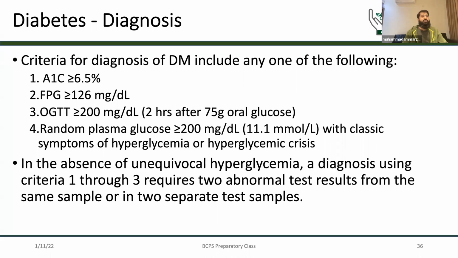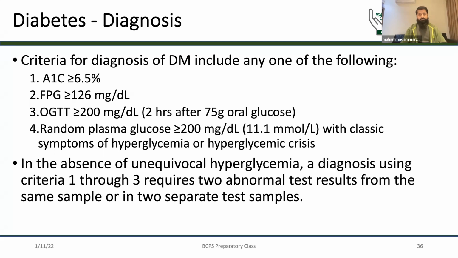With only one value of A1C or fasting plasma glucose or oral glucose tolerance test or random plasma glucose, we cannot make the diagnosis of diabetes. There should be at least 2 abnormal test results from the same sample or from separate test samples.